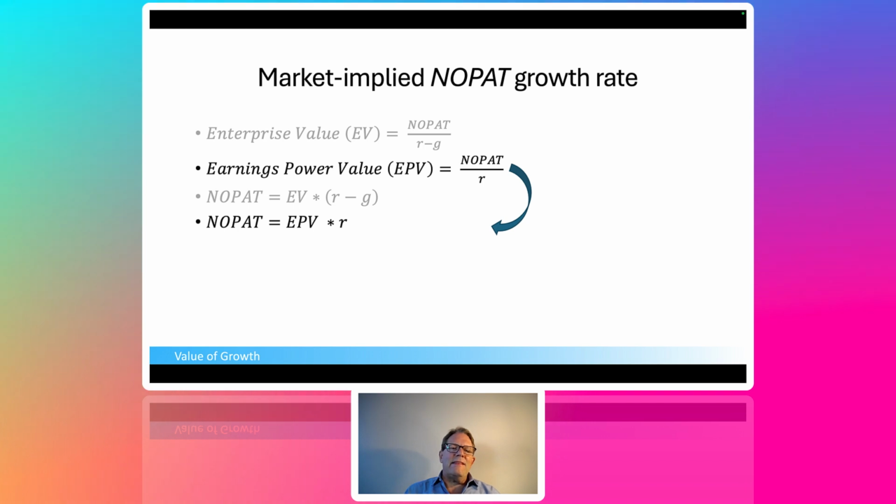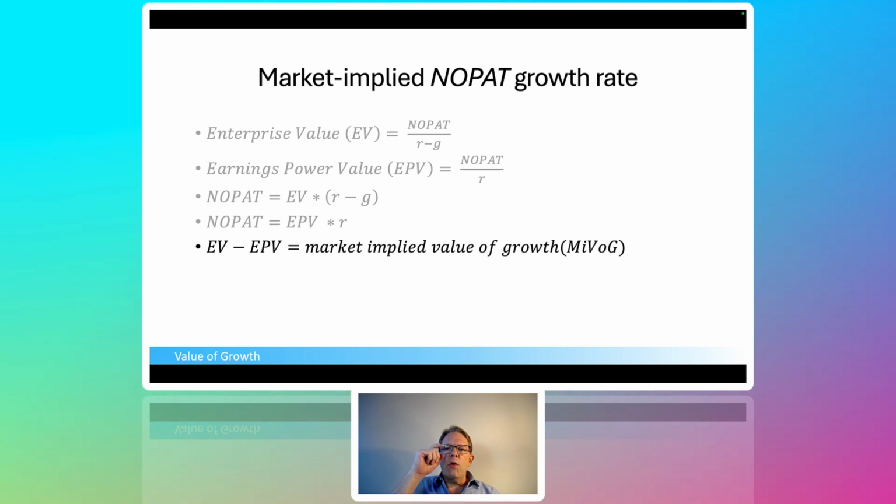And if I take the second equation, EPV equals NOPAT divided by R, then I know that NOPAT equals EPV times R. The reason I'm doing that is because I now have NOPAT on the left side of both equations, which means I can eliminate it momentarily.